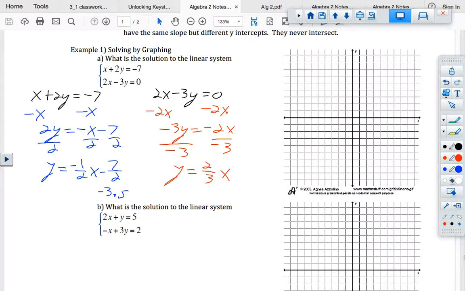Please take a moment and graph both of these on the same graph. Guys, you want to extend the points as much as you can here because we want to try to figure out where they intersect.